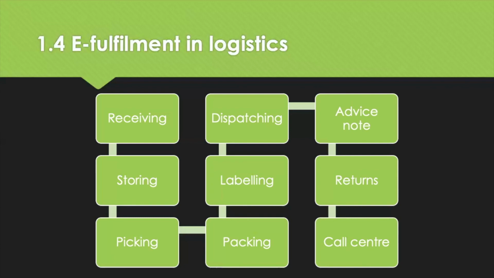So you can see the activities here, starting from receiving, it goes into storing, picking, packing and labelling before dispatching with an advice note, and if necessary managing the returns in the call centre.